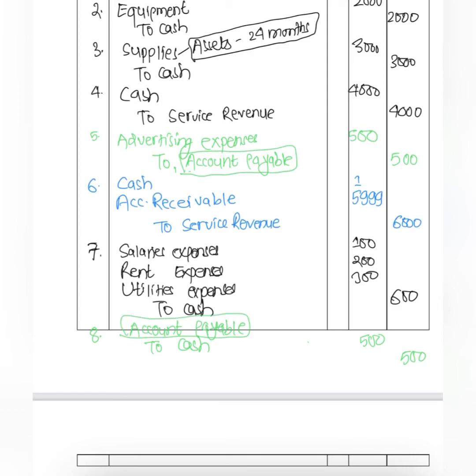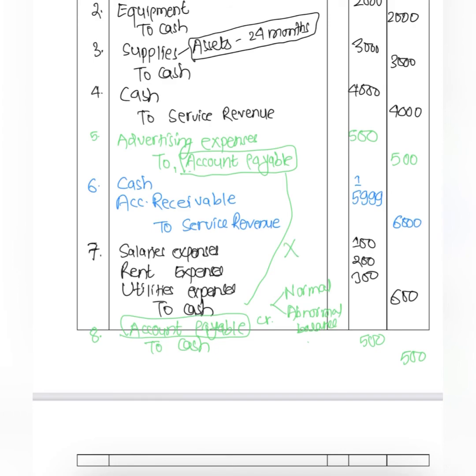Okay, so you might say account payable is a credit, right? It's a credit balance. Why do we do it? We have to know about normal and abnormal balance. So we just make it 0, we cancel it.